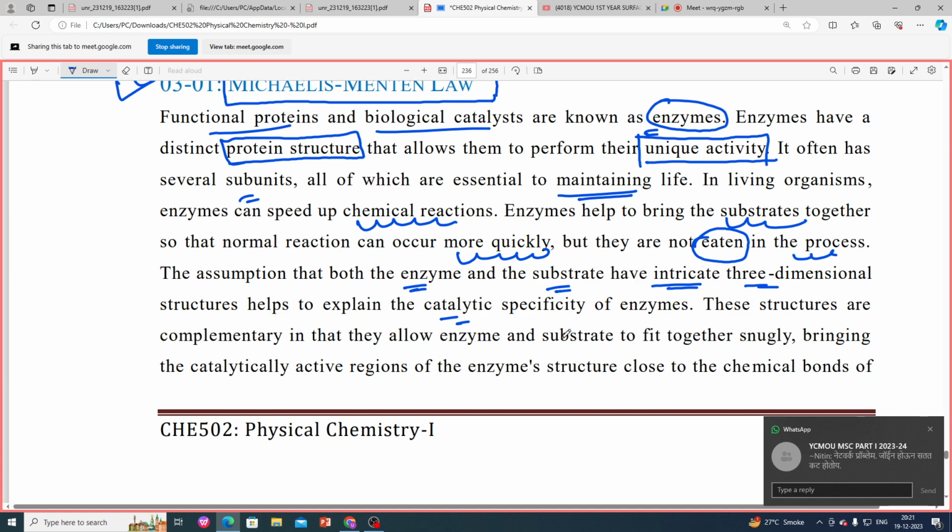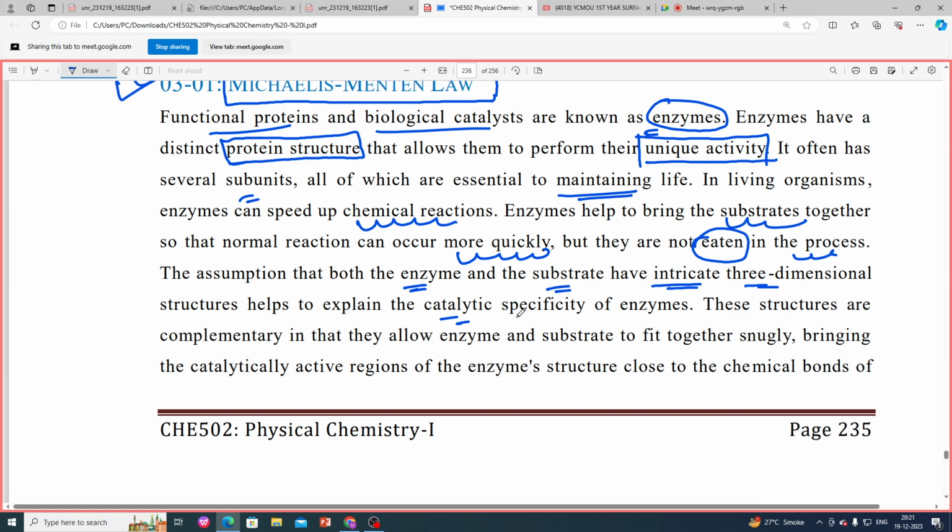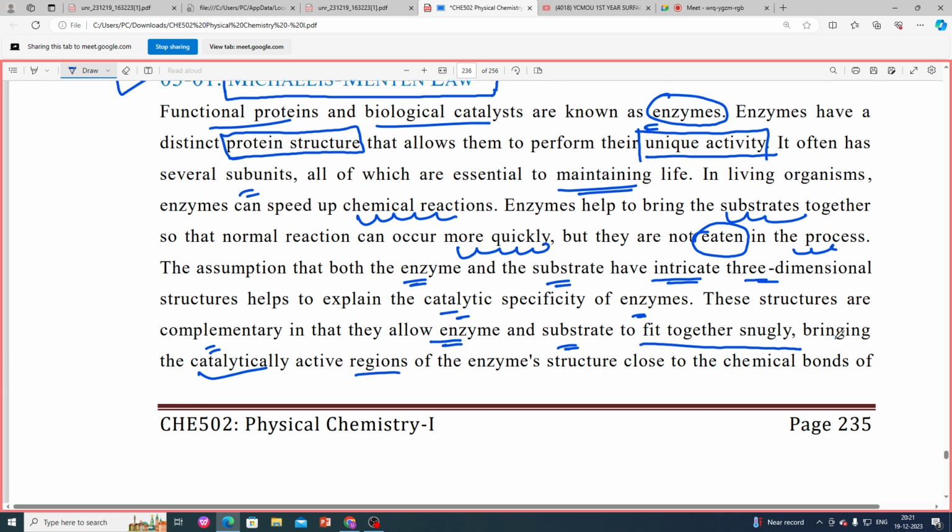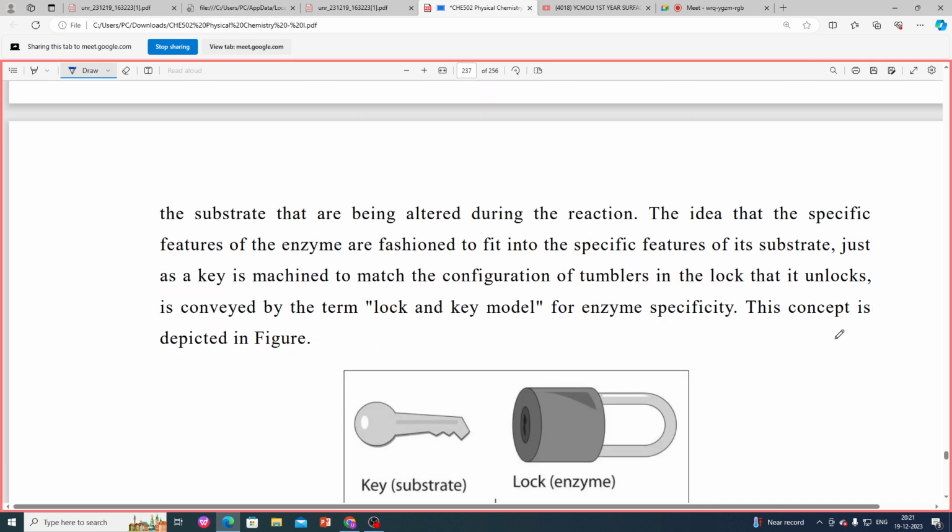Okay, next one, catalytic specificity of enzyme. These structures are complementary in that they allow the enzyme and substrate to fit together strongly, bringing the catalytically active region of the enzyme structure close to the chemical bonds of the substrate that are being altered during the reaction.